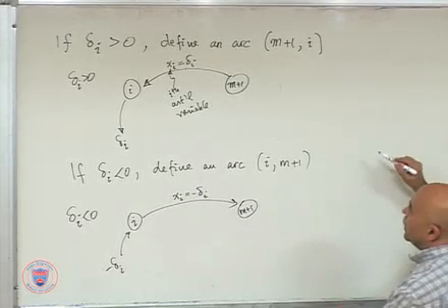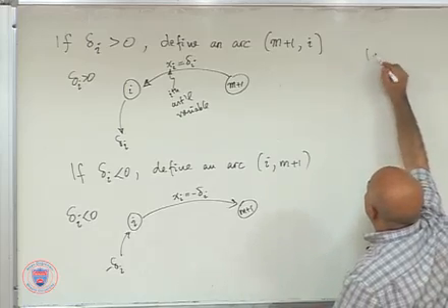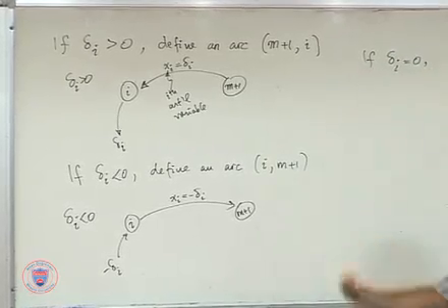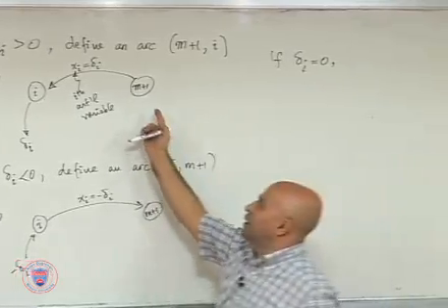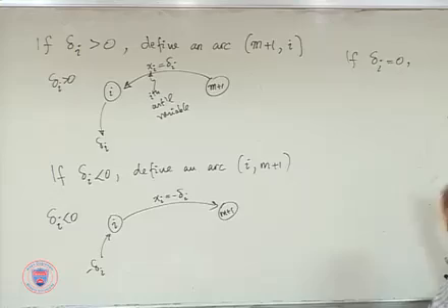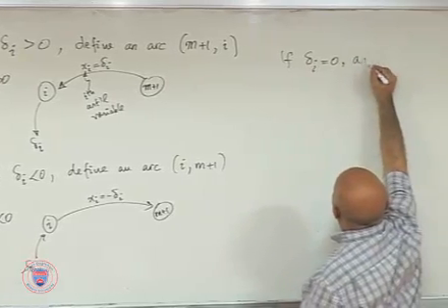Okay. If delta I equals 0, then you can assign either an arc of the first form or of the second kind. So it doesn't really matter.